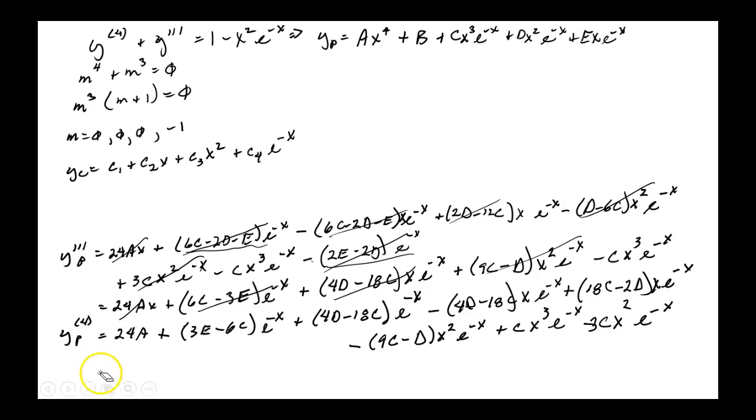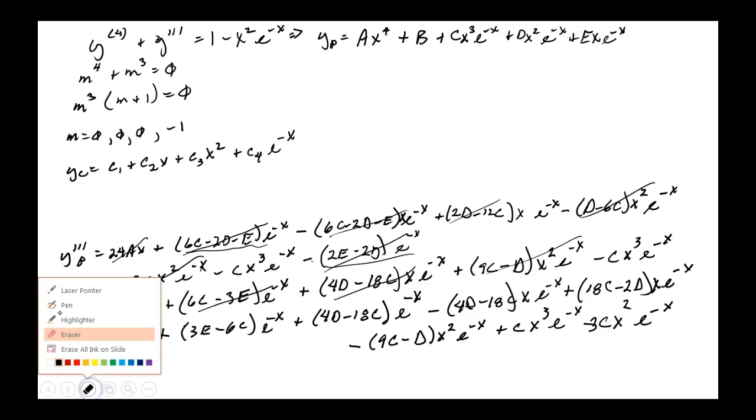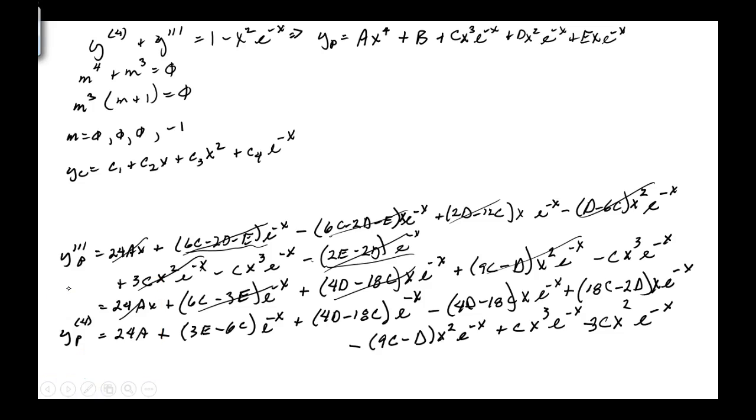Okay. Now let's do our combining of like terms for the fourth derivative of yp. 24a, that's the only constant term we have.